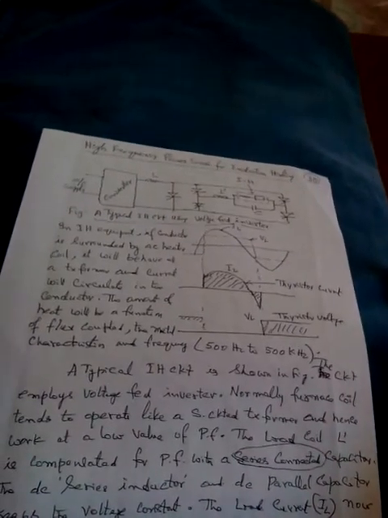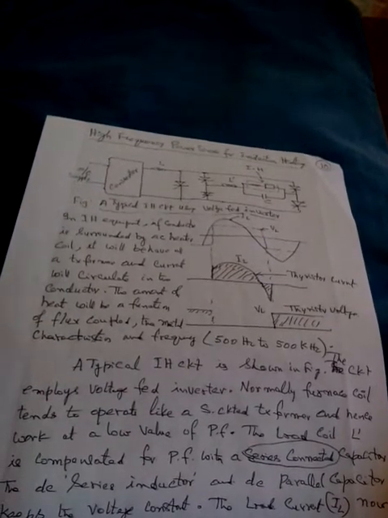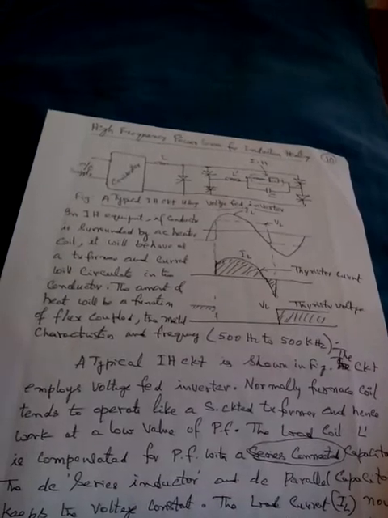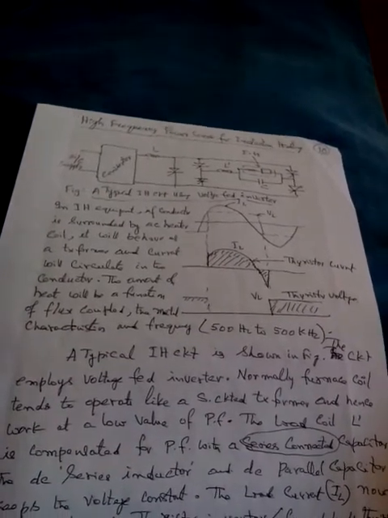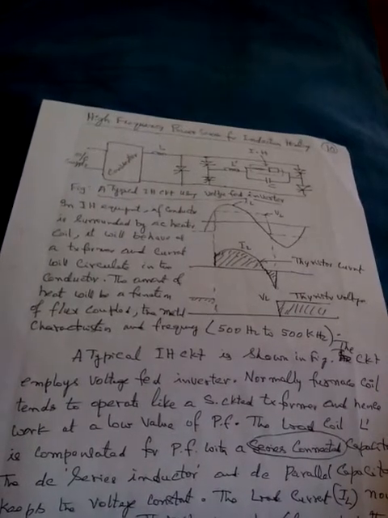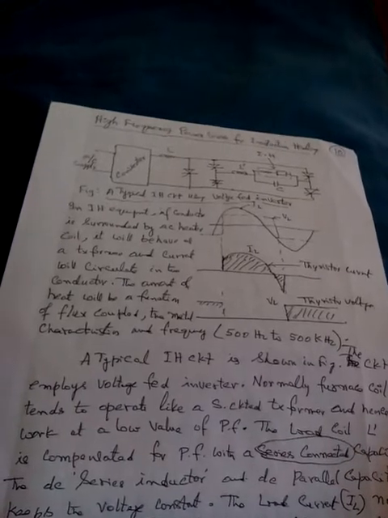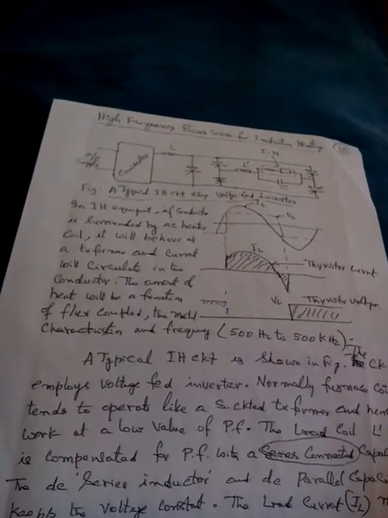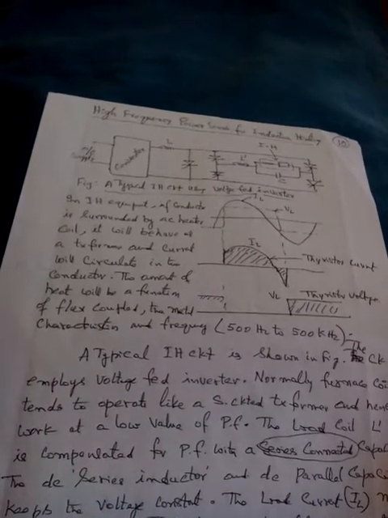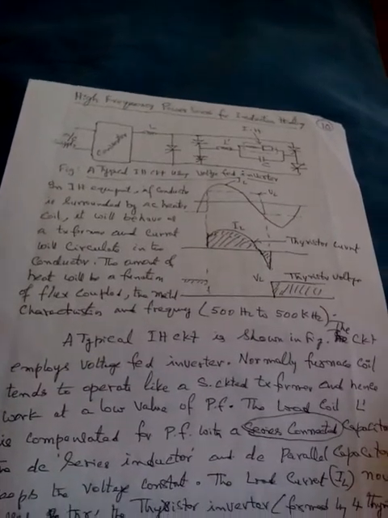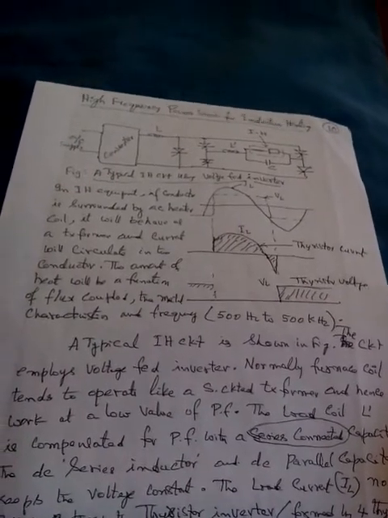This circuit employs a voltage fed inverter. Normally, the furnace coil tends to operate like a short circuit transformer. So the conductor is placed in that and hence works at a low value of power factor. The load coil L dash is compensated for power factor with a series capacitance.